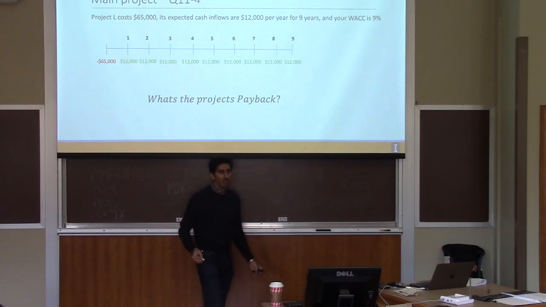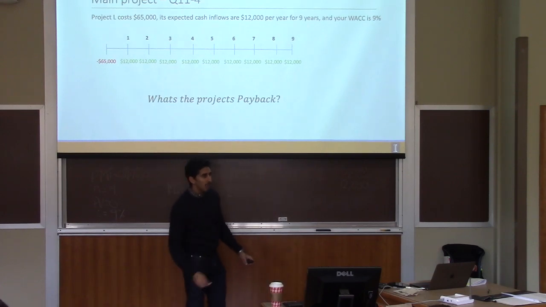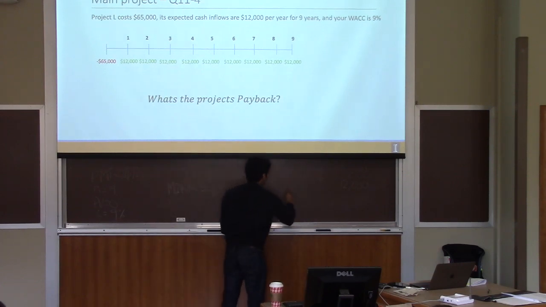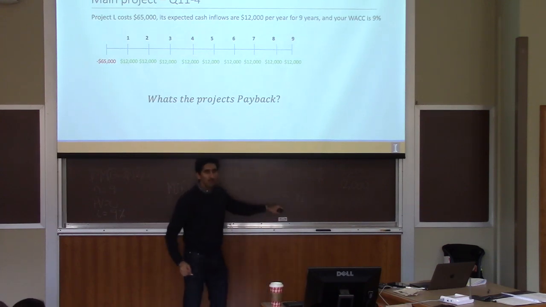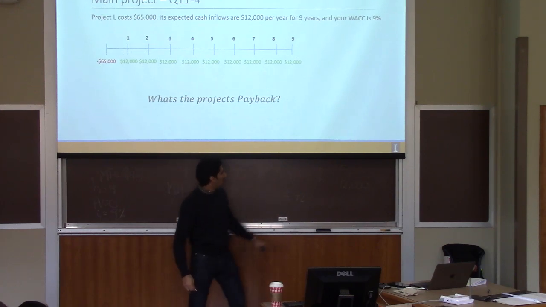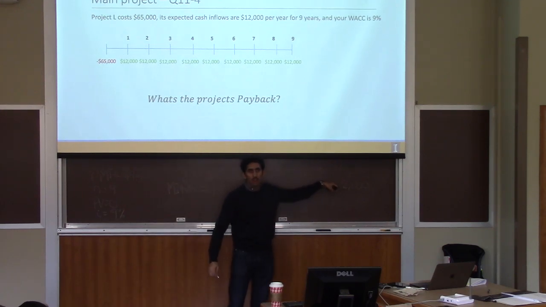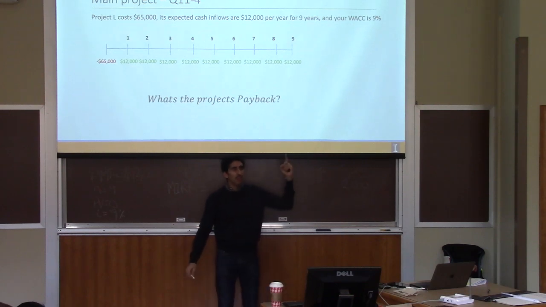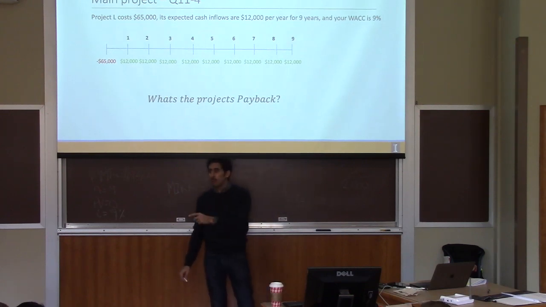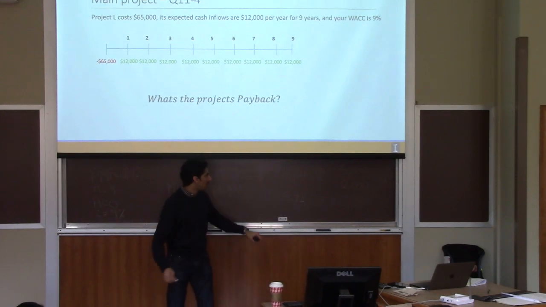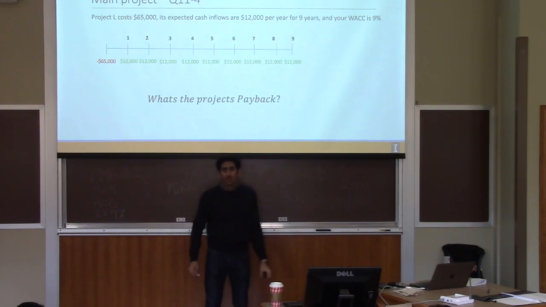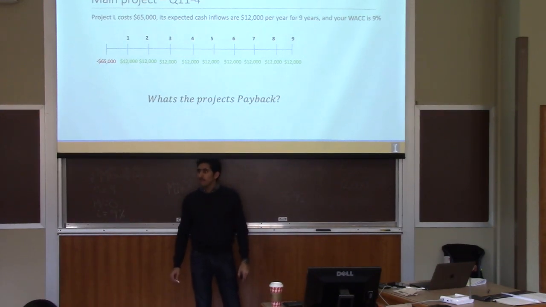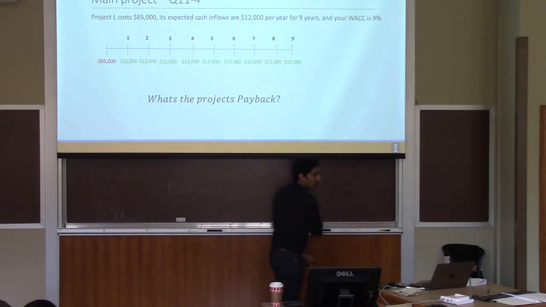How much is the answer? 5.42. Exactly. So it's 5 years, 0.42. 5.42 years. Okay? This is the only tricky part, because it makes a difference if you get it in 5 years and 1 day or 5 years and 11 months. That's why we calculate it. Okay? Any questions on this?